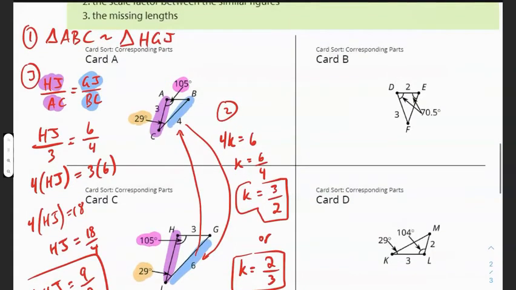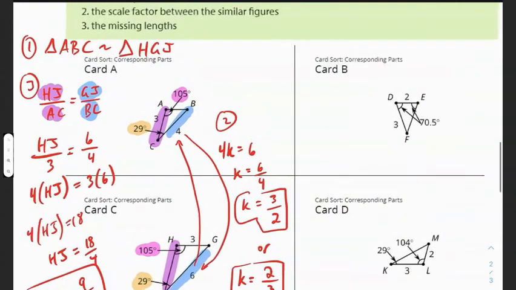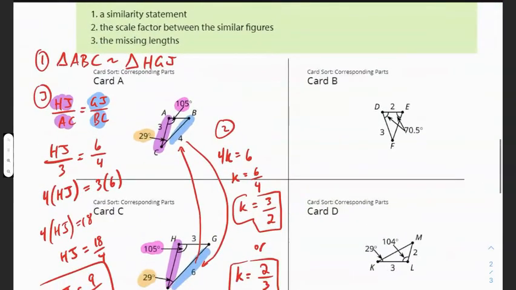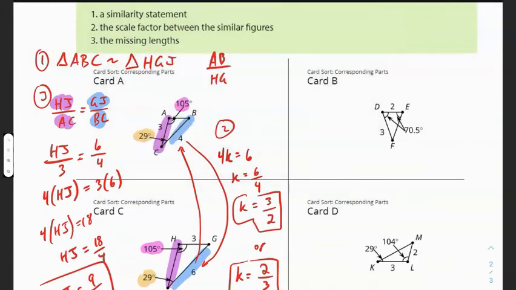I notice I'm missing AB, right? So I'll tell you what, for you kiddos, solve for AB. AB is to who? HG. Let me use lime green here. AB, what we're solving for, is to HG.